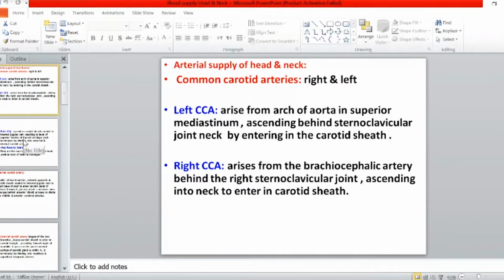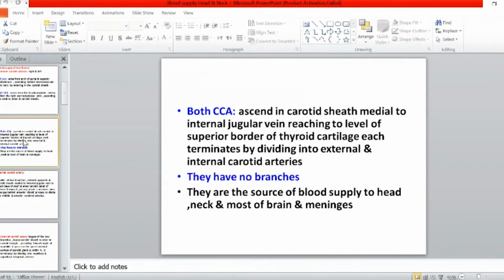Both ascend in the carotid sheath medial to the internal jugular vein, reaching the level of the superior border of thyroid cartilage. Each terminates by dividing into the external and internal carotid arteries. They have no branch except that they terminate by dividing.